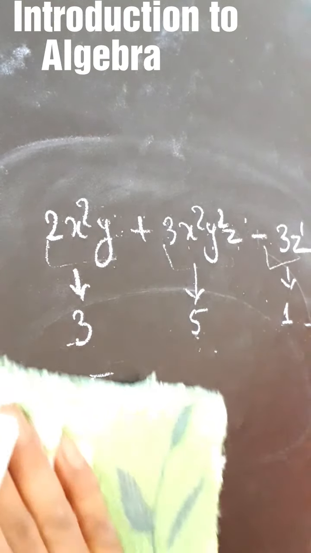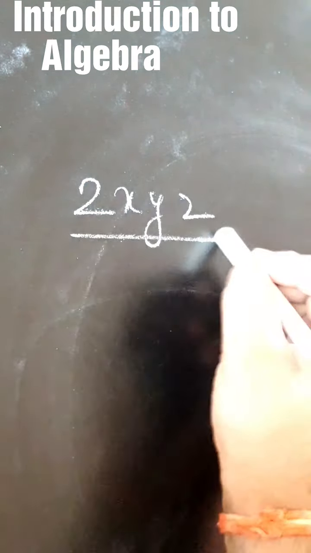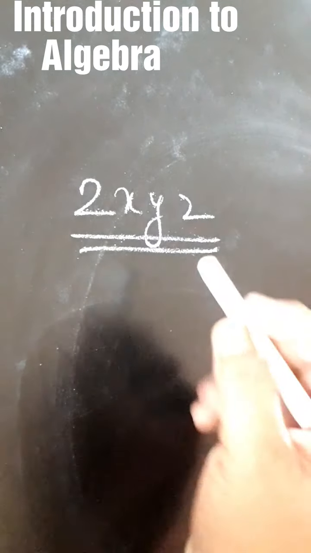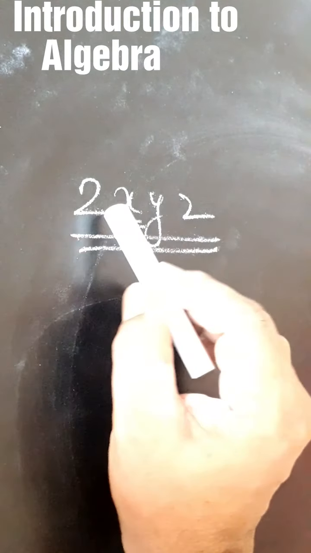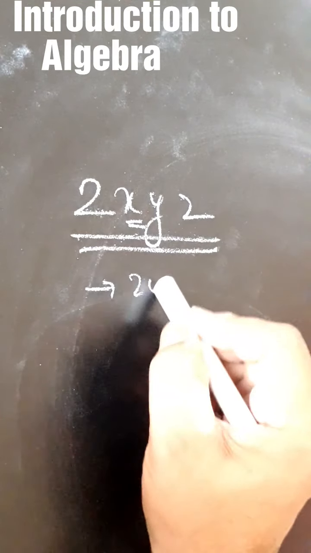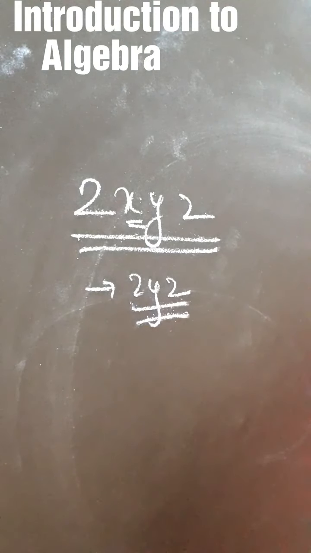Now we are going to talk about the coefficients. Suppose we have 2xyz. This is one term. If we talk about the coefficient of x, means x is multiplied with which term? X is multiplied with 2yz here. Therefore, coefficient of x will be 2yz.